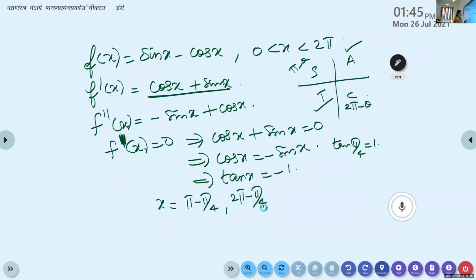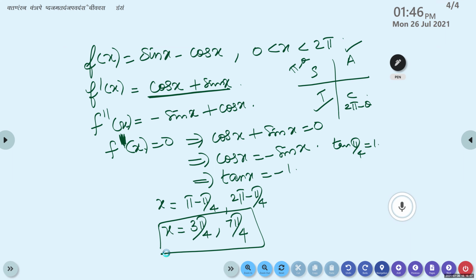So pi minus pi by 4 is 3 pi by 4, and 2 pi minus pi by 4 is 7 pi by 4. So these are the values for x. We get x is 3 pi by 4 or x is 7 pi by 4. Is it okay, children? Up to this, is it okay? Yes, ma'am.